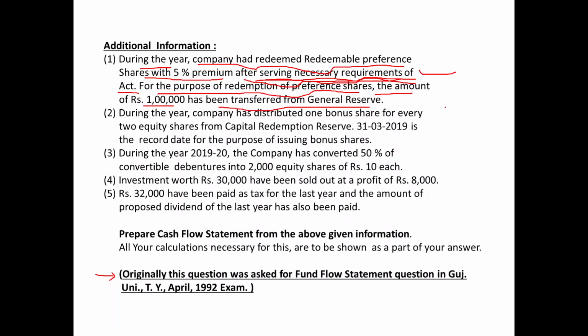Only one use has been allowed for the balance of capital redemption reserve account. It can be utilized after the redemption of RPS for the purpose of issuing bonus shares to the existing shareholders of the company. Only one use has been allowed for the balance of CRR.